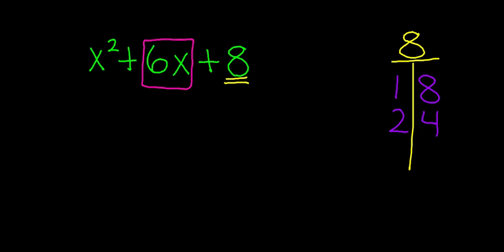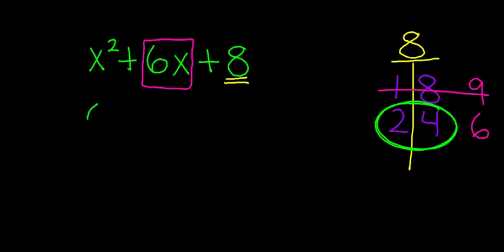Well, 1 plus 8 is 9, so that's not going to work for us. But 2 plus 4 is 6. And because that 6 is equal to our middle term, we select those factors, 2 and 4.